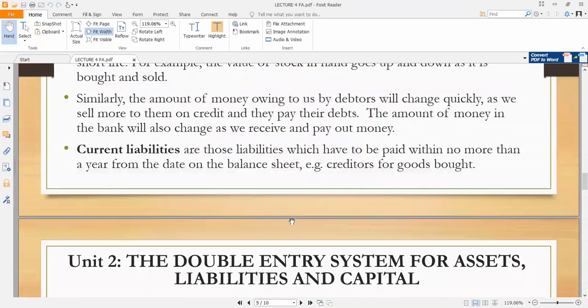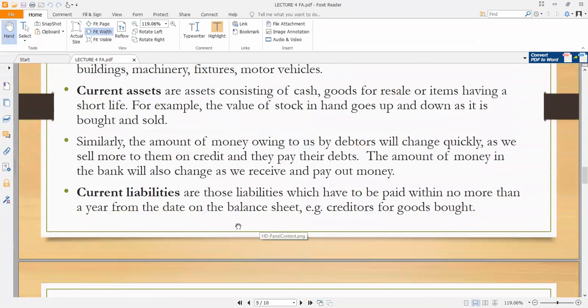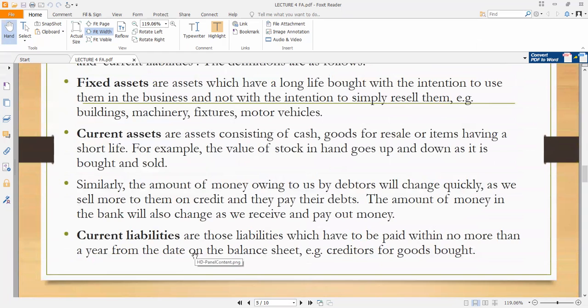Now, what about current liability? Current liabilities are those liabilities which have to be paid within no more than a year from the date on the balance sheet. They are the amounts of money that your business owes to other firms or organizations within a period of less than a year, for example, creditors for goods bought.